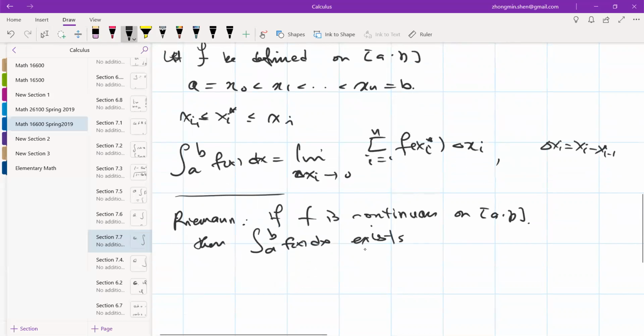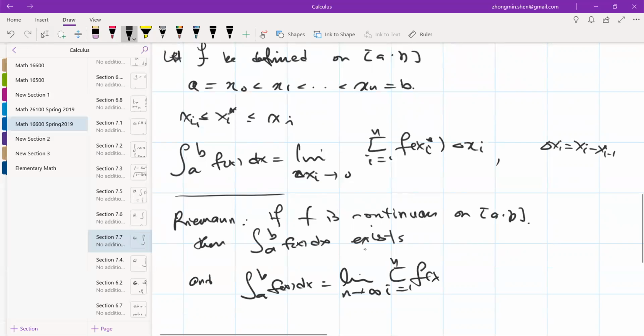So if this exists, moreover, you can use a special partition to evaluate. The integral value is going to be the limit as n approaches infinity. See the difference here.